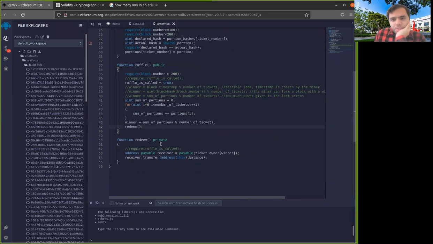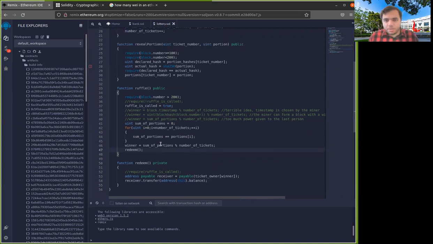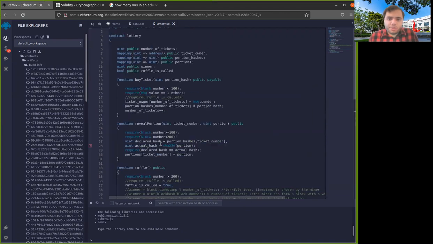So now, what's the problem now? We don't have the problem that we had before. If you are the last person to buy a ticket, or if you are the nth person, the only thing that you can see on the blockchain is the hash of the previous choices.